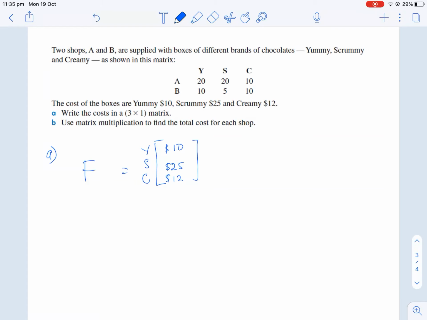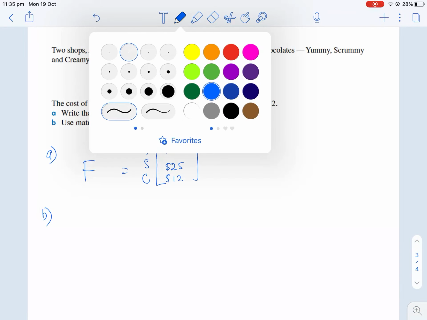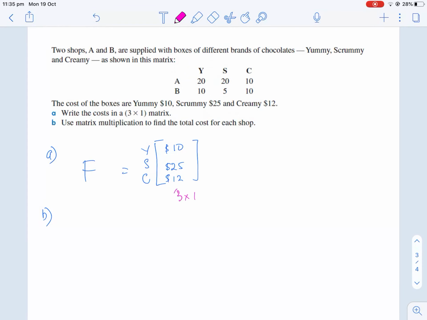All right. Question B. Use matrix multiplication to find the total cost of each shop. All right. So you can see here, this one is 3 times 1. And this one is 2 times 3. The order of this one is 2 rows times 3 columns. This one is 3 rows times 1 column. If we want to find the multiplication, we have to think about the orders.